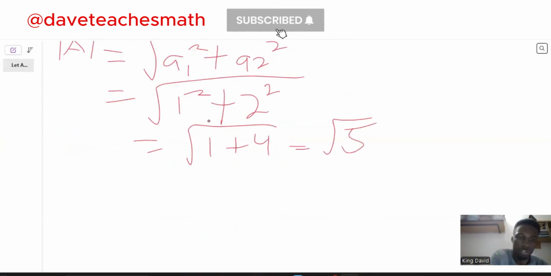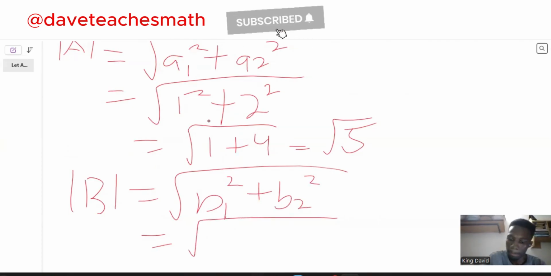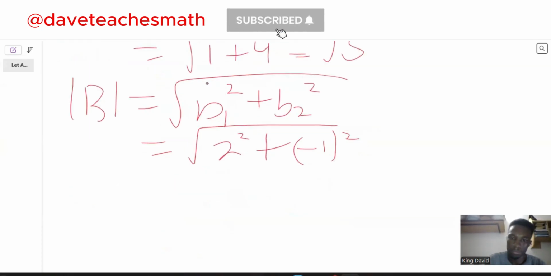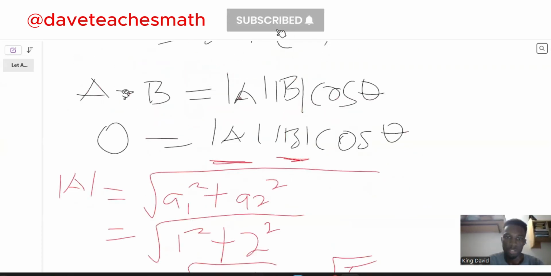Then we move on to magnitude of B, which is also going to be square root of B1 squared plus B2 squared. And that will give us square root of 2 squared plus -1 squared, which is square root of 4 plus 1, which is also square root of 5.